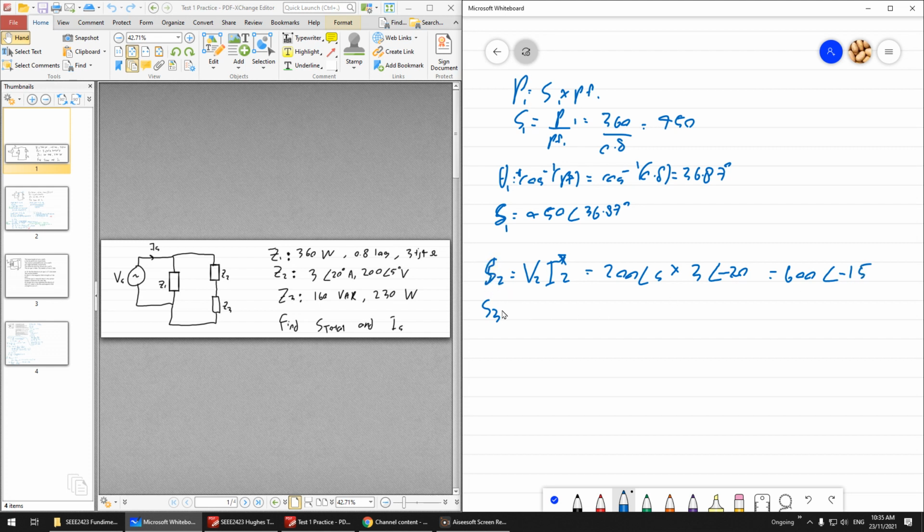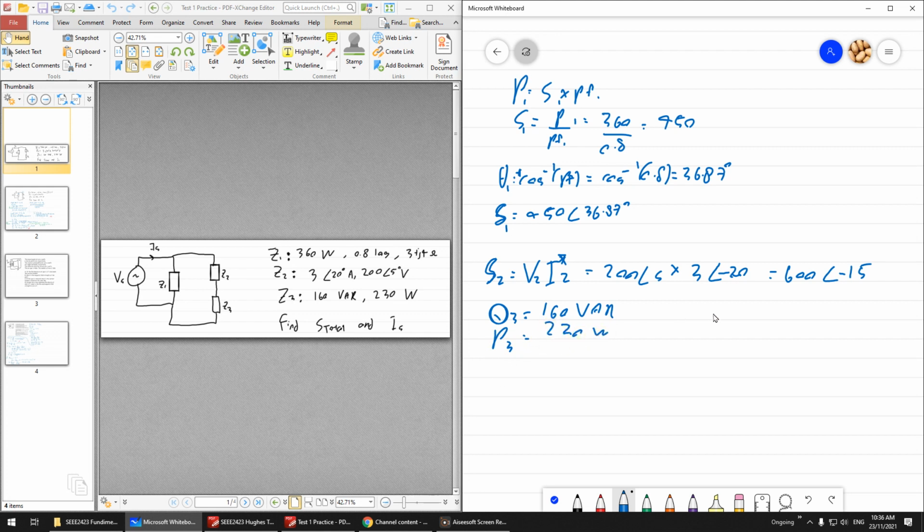So S3. So how to calculate S3? Okay, so S3 you have VAR, which is Q. So you have to know, relate the unit with what is the component. So you have Q3 is equals to 160 VAR, and P3 is equals to 230 watt.